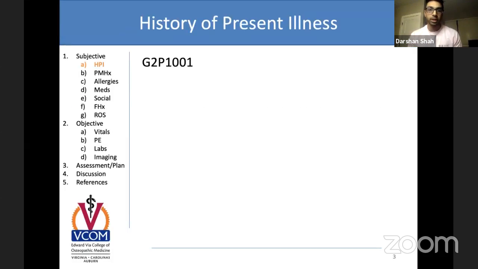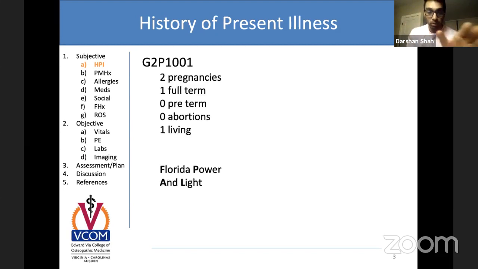So let's delve more into the HPI here. Here are some tips and tricks of things you will learn when you're in med school or when you go on rotations. G2P1001. This is the way that we quantify and qualify pregnancies. The G stands for gravida, meaning how many times the woman has been pregnant. So 2 pregnancies.